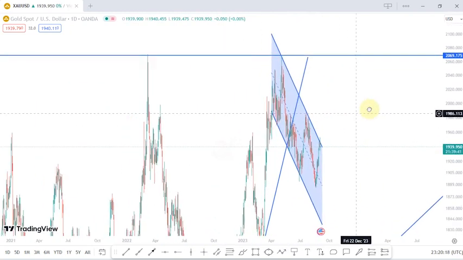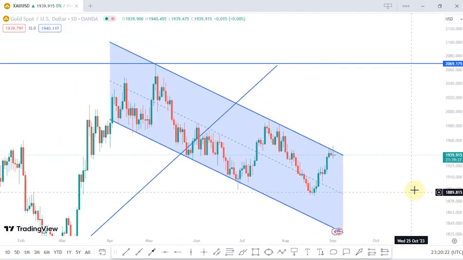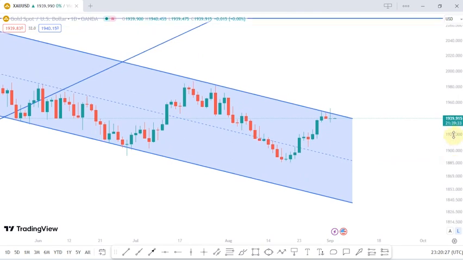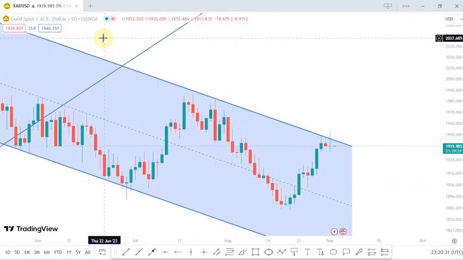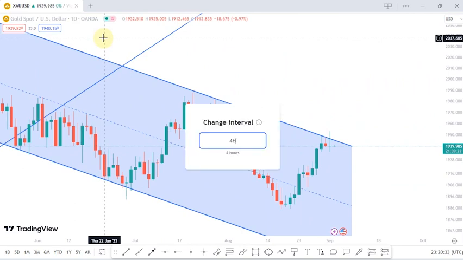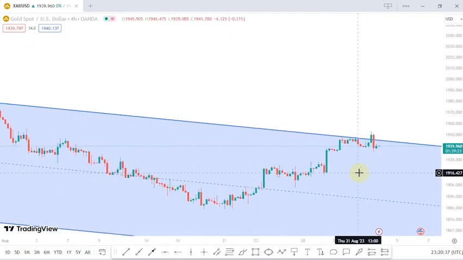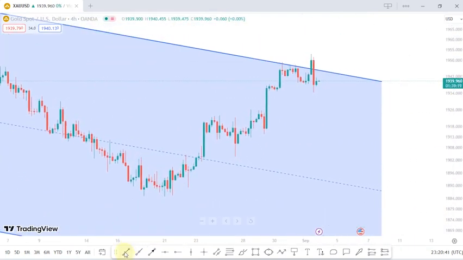So what are we going to trade this week, or what do you expect from the market? Well, let me take one time frame downward, because I want to draw a trend line, and I want the trend line to be meaningful.